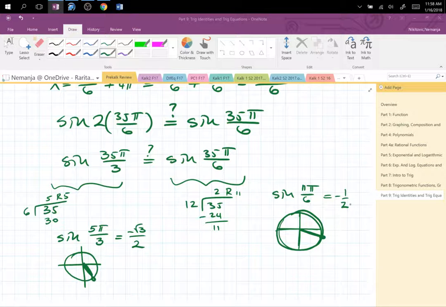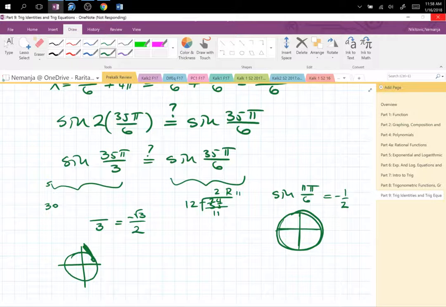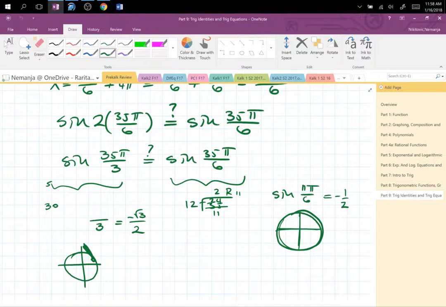We can't have negative root 3 over 2 equal to negative half. That makes no sense. Oh, come on! It ruined everything I wrote.